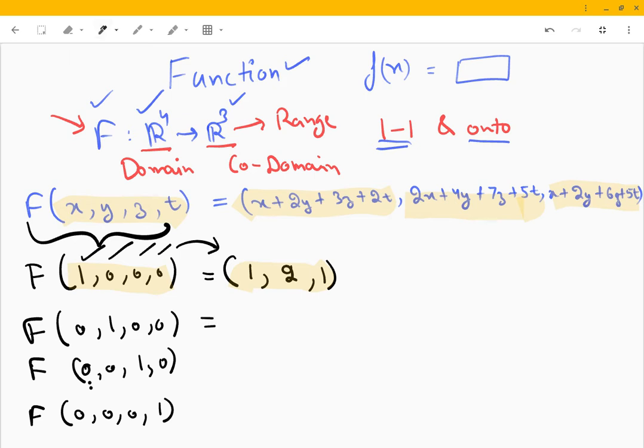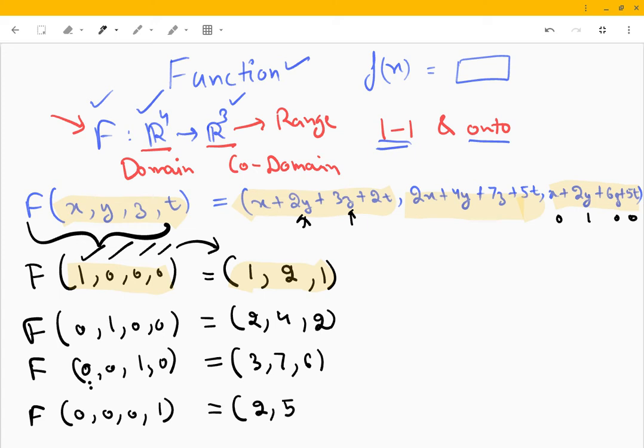Similarly, plug in y as 1, so we get 2, then 4, and then x is 0, y is 1, so I'll get 2. This is how I'm doing it. For z, we get 3, 7, 6, and for t, we get 2, 5, and 5.